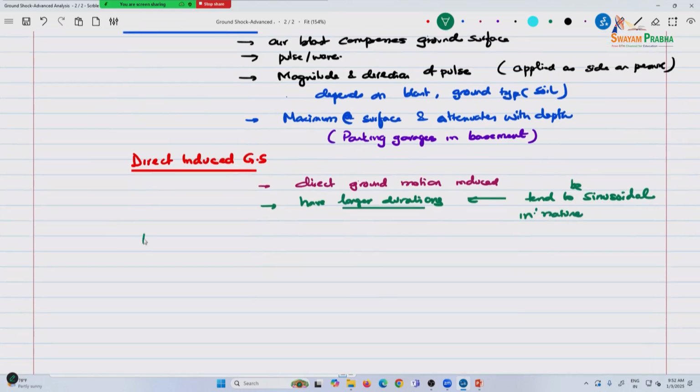So the net ground shock is essentially a complex combination of direct and indirect.